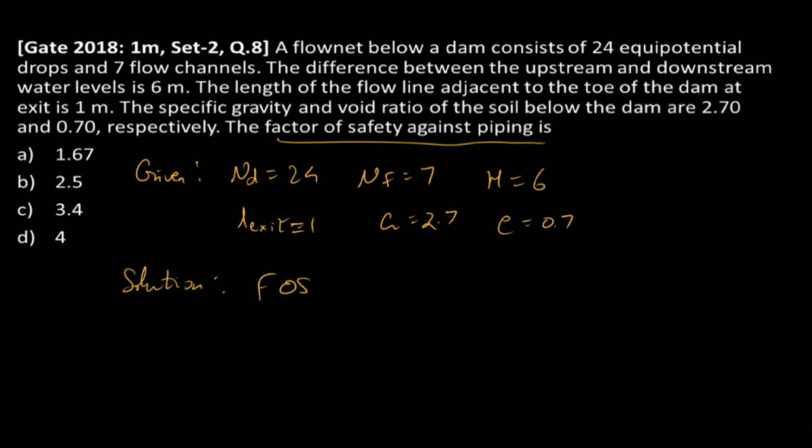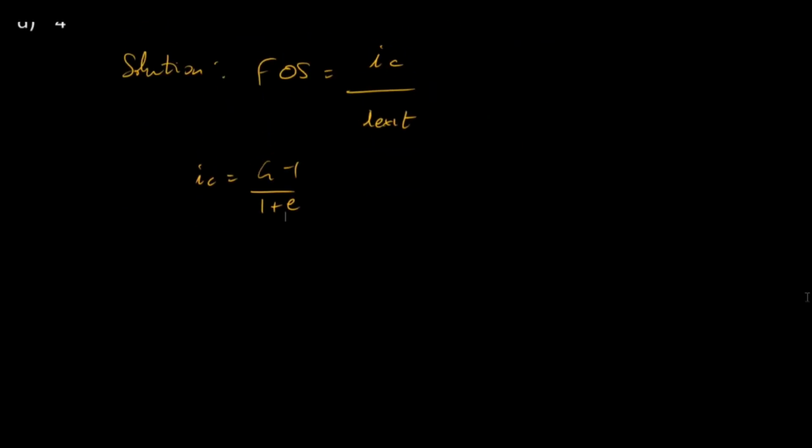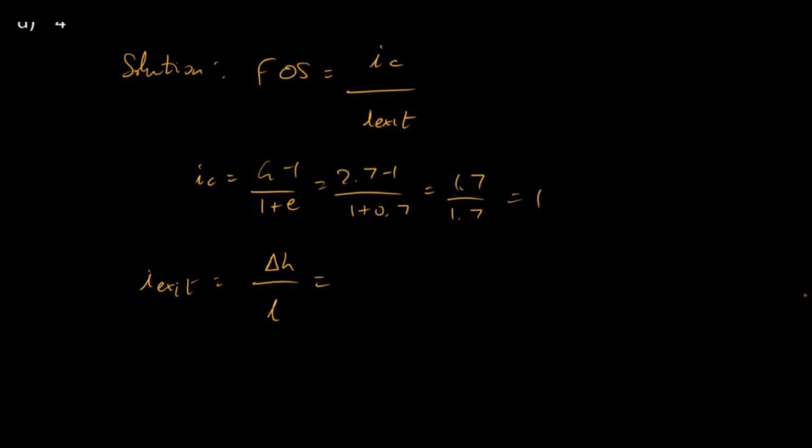Solution. Factor of safety against piping will be given by critical hydraulic gradient by exit hydraulic gradient. And we know that the critical hydraulic gradient will be equal to G minus 1 by 1 plus E, which is 2.7 minus 1 by 1 plus 0.7. 1.7 by 1.7 will be equal to 1. And the exit hydraulic gradient will be equal to del H by L, where del H is equal to H divided by ND, by L exit.